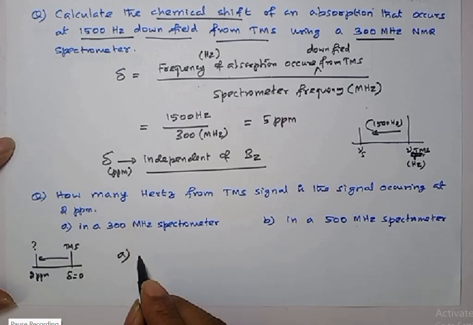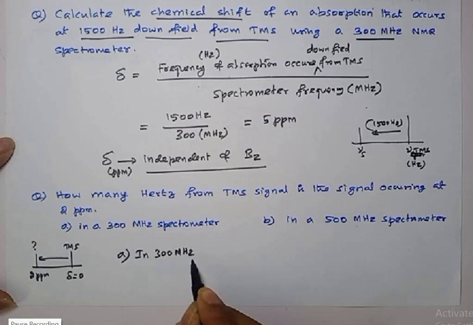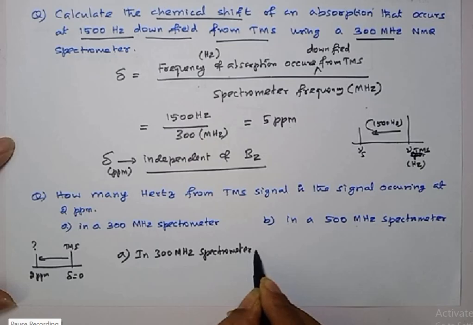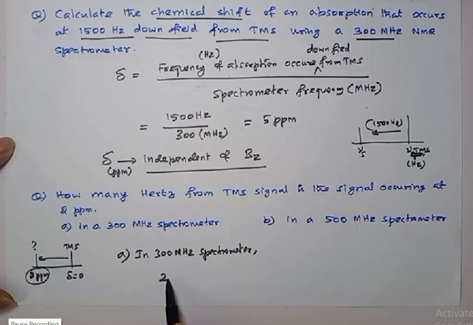In a 300 megahertz spectrometer, observe carefully, how to find the frequency? Very simple. If you want frequency in hertz, multiply the chemical shift value by the spectrometer frequency in megahertz.